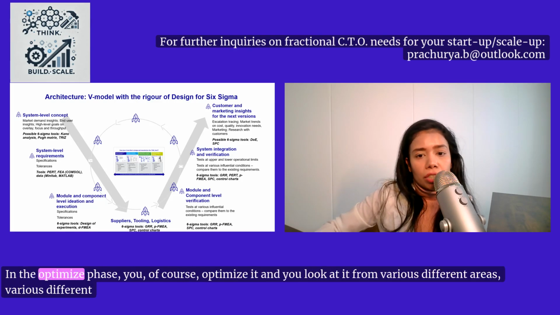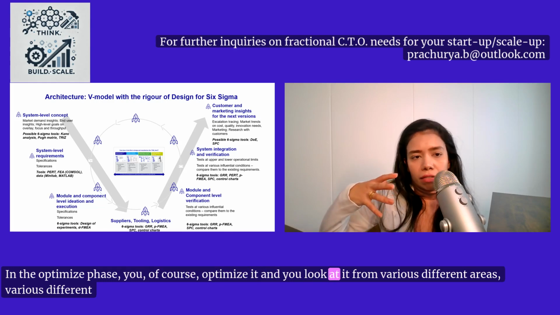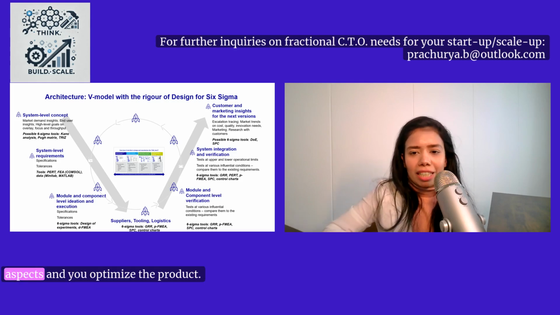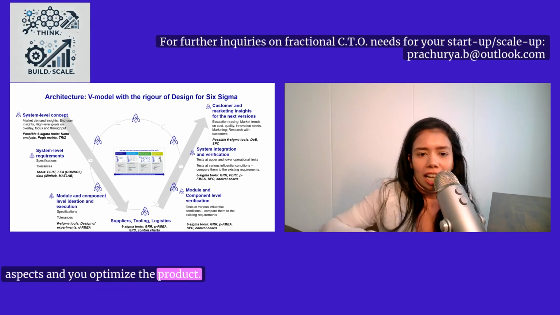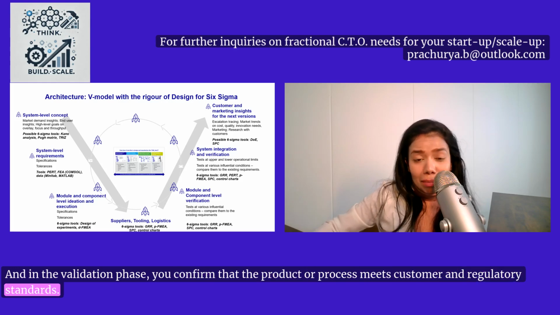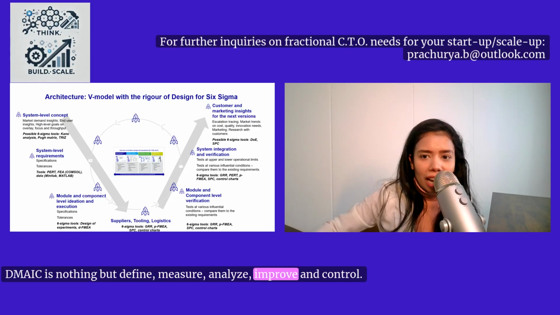In the optimize phase, you, of course, optimize it, and you look at it from various different aspects, and you optimize the product. And in the verify phase, you confirm that the product or process meets customer and regulatory standards. DMAIC is nothing but define, measure, analyze, improve, and control.